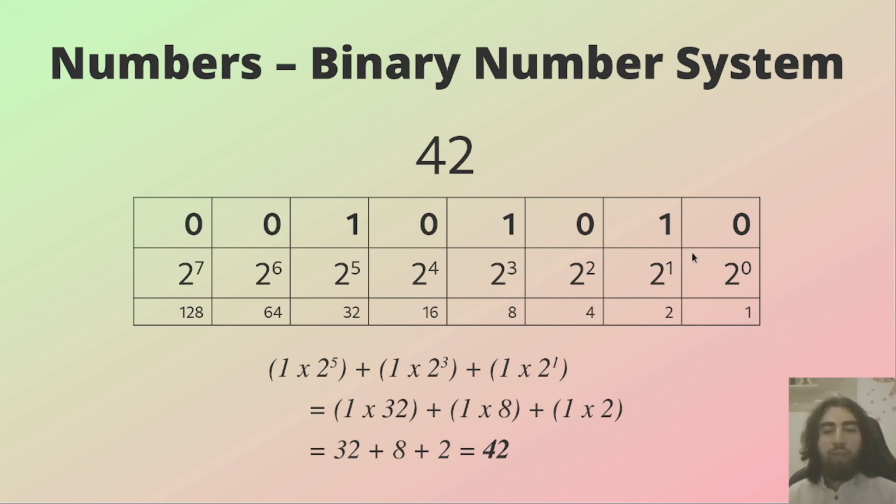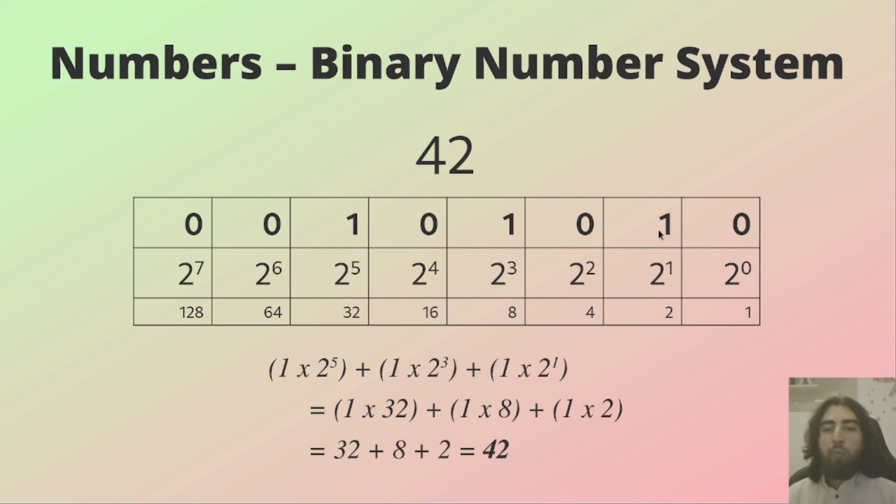Mind-blowing, right? So we actually here do the same thing. We are just multiplying the bits over here with the exponentiations. Now we won't consider the 0 bits because anything multiplied by 0 will always be 0, right? So we are just caring about the 1 bits over here.